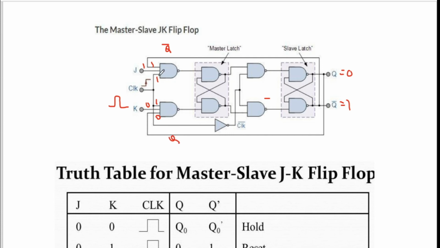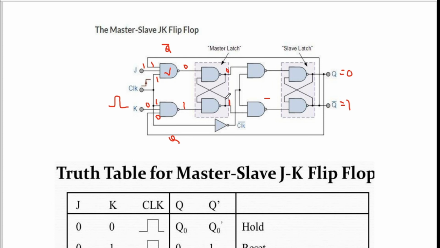Here you can see the upper NAND gate has all 3 inputs high, so the output is going to be low. As the lower NAND gate has 2 inputs low and only the clock pulse is high, the output is going to be high. Initially we have assumed the value of Q as 0 and Q bar as 1; we can assume any value of Q and Q bar.